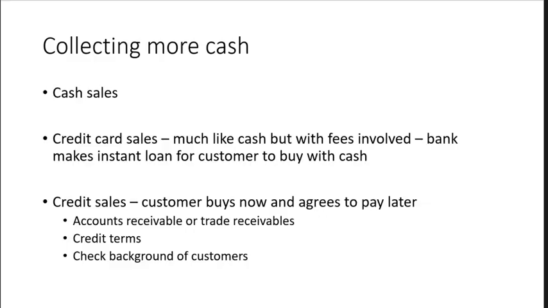Typically, these credit sales are made from one business to another, and especially those who do a lot of business together. So you don't, because it is expensive and time consuming to check credit on lots and lots of customers.